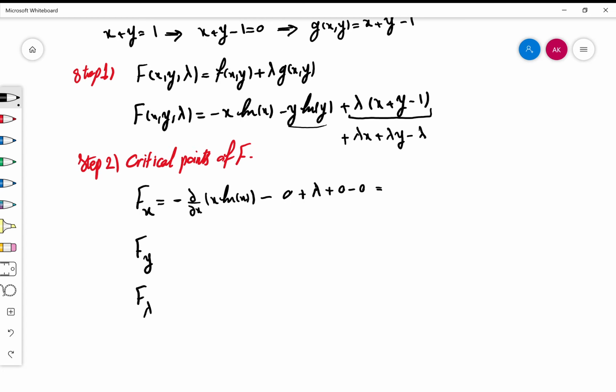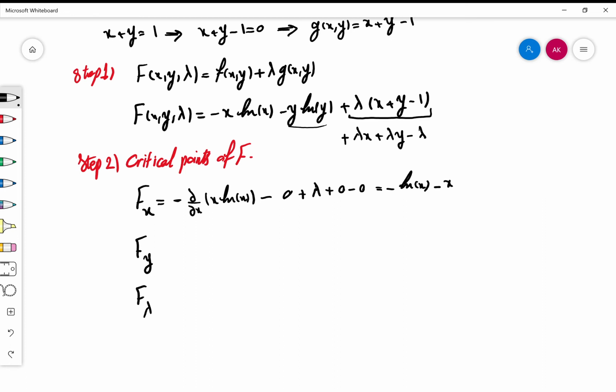But to do the first part, I need to apply the product rule. The derivative of the first one, which is 1, times ln x. There's a minus sign outside. Minus the first one itself times the derivative of the second one.